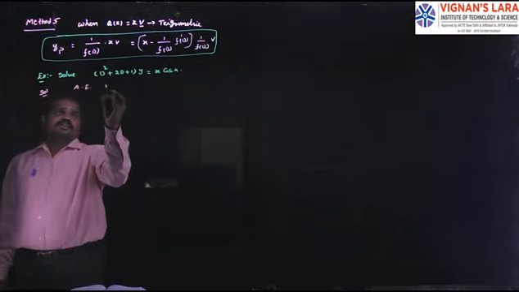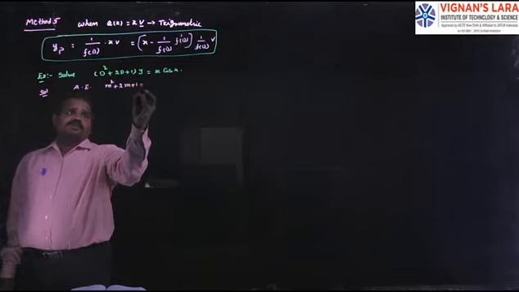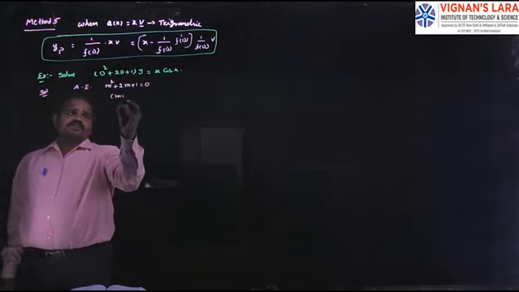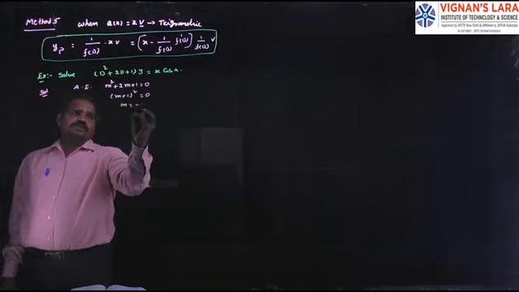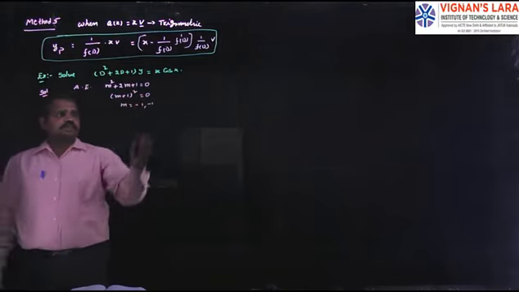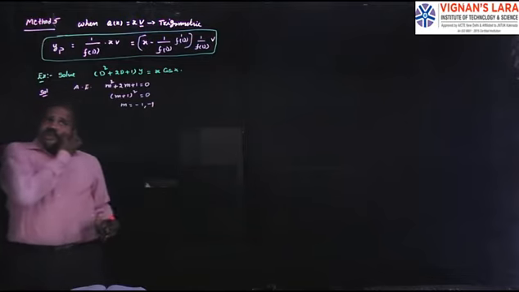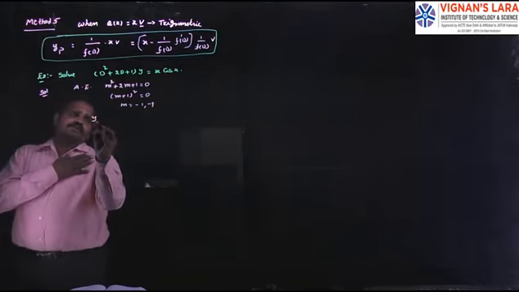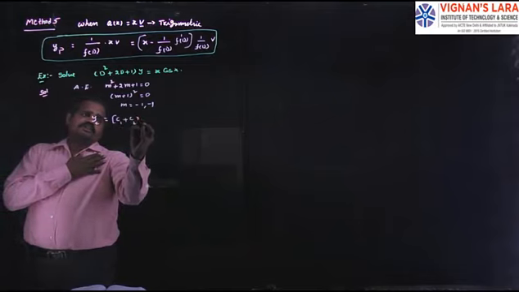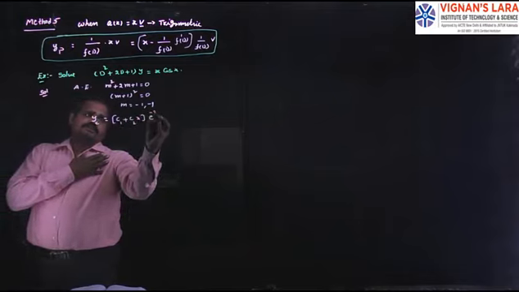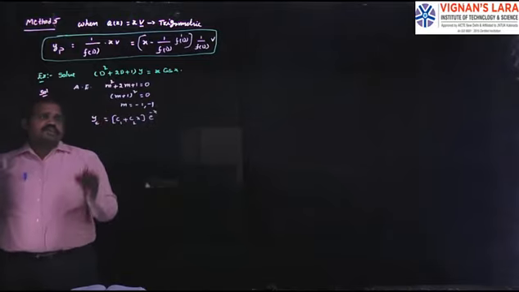Auxiliary equation: m square plus 2m plus 1 is equal to 0. This can be written as (m plus 1) whole square is equal to 0, that means m is equal to minus 1, minus 1. The corresponding complementary solution yc is equal to (c1 plus c2 x) into e power minus x, because the two roots are real and equal.